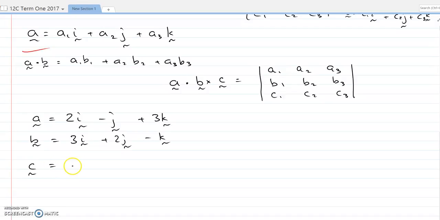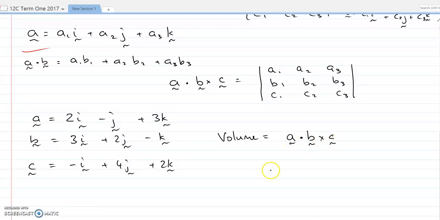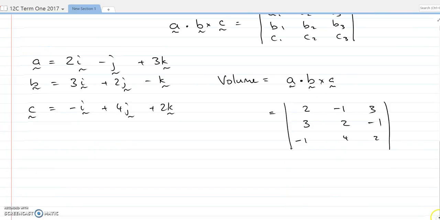C equals negative i plus 4j plus 2k. If I want to find the volume of the parallelepiped formed by these vectors, volume equals A dot B cross C, which is just going to equal, I can just put these numbers in: 2, minus 1, 3; 3, 2, minus 1; minus 1, 4, 2, and just find this determinant.